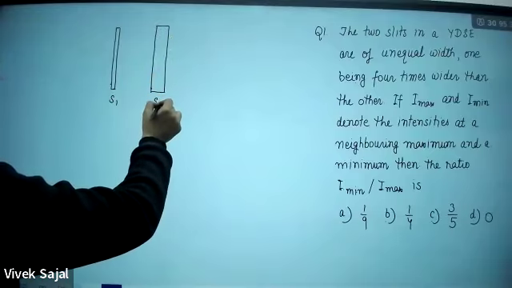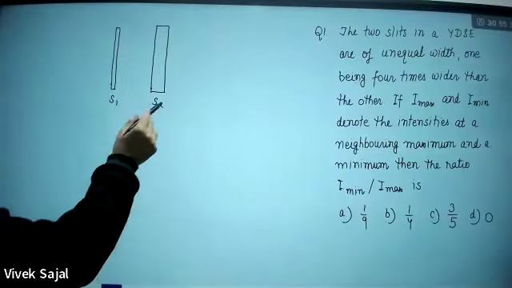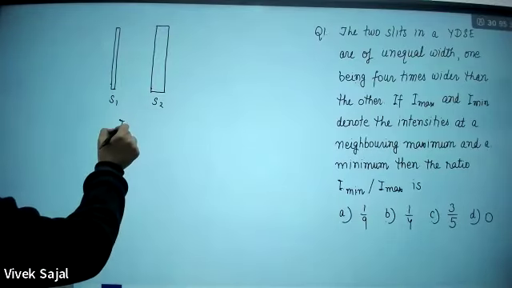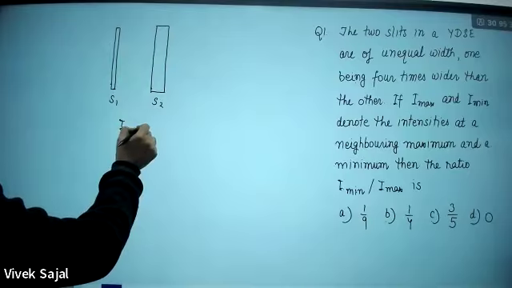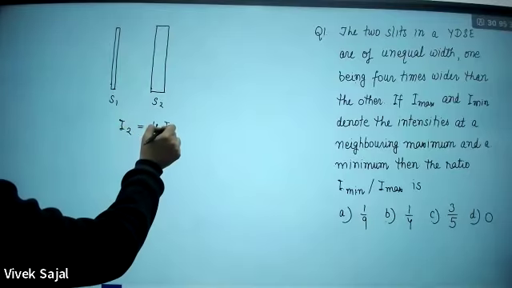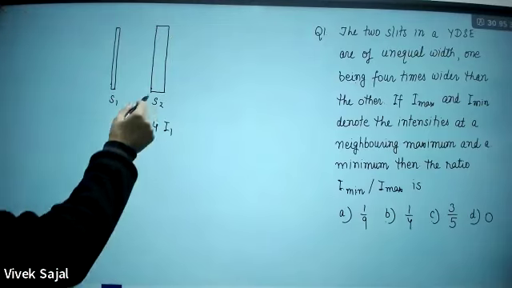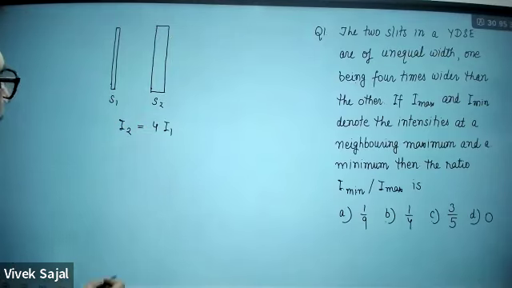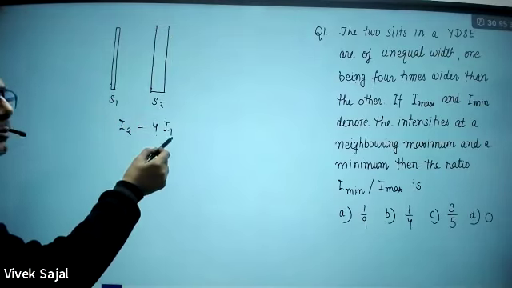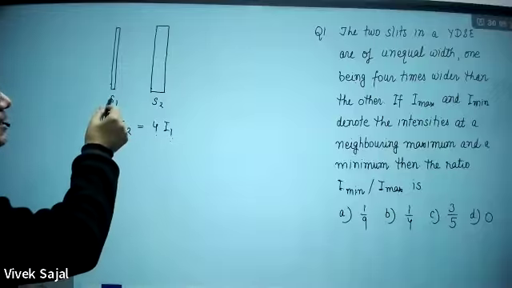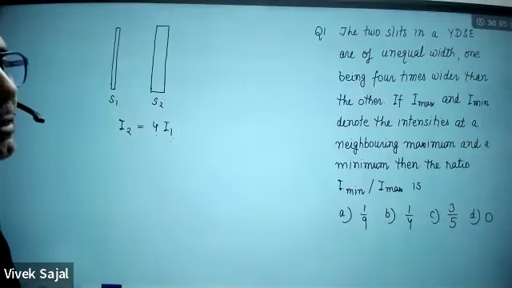This is S2. So what will happen due to this? It means I2 is 4 times I1. So what will be the intensity here? Whatever light is emerging from S2, its intensity will be 4 times the intensity emerging from S1.